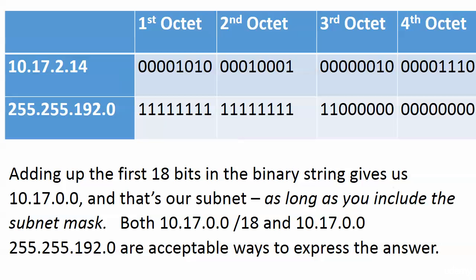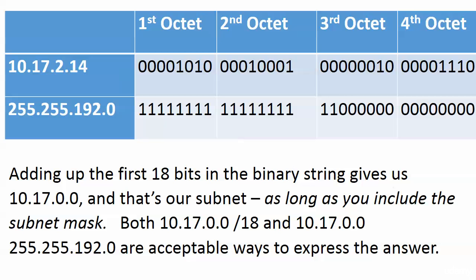Now, watch this on your exam because if I were writing the exam question and I asked you which subnet was the correct one, I might put 10.17.0.0 in and not put a mask in. That would be incorrect. You have to give the subnet mask along with the subnet itself, because if you just say 10.17.0.0, you're not really saying anything. You're not really answering the question.